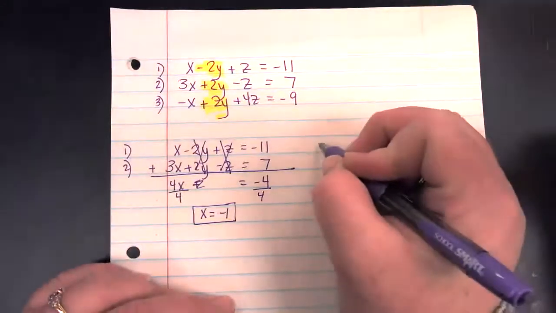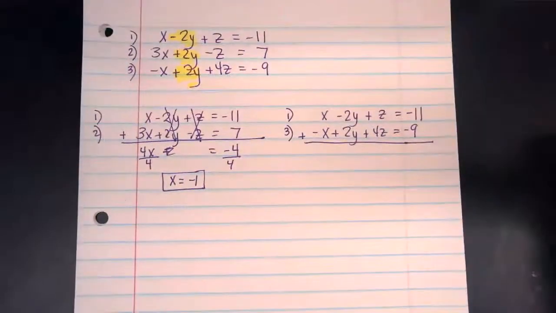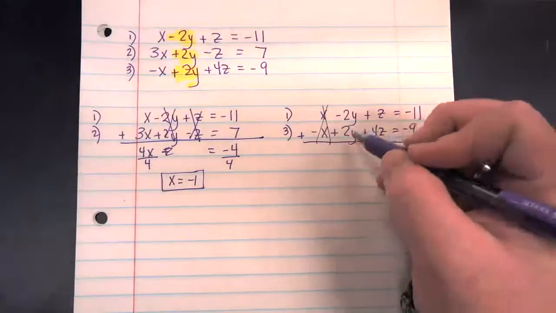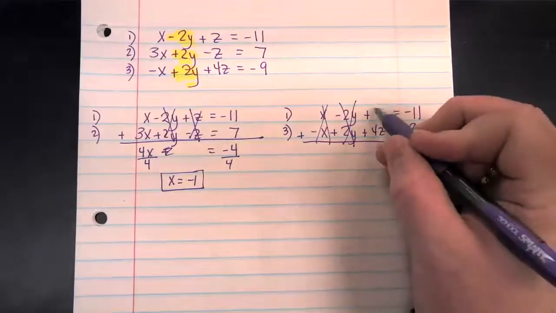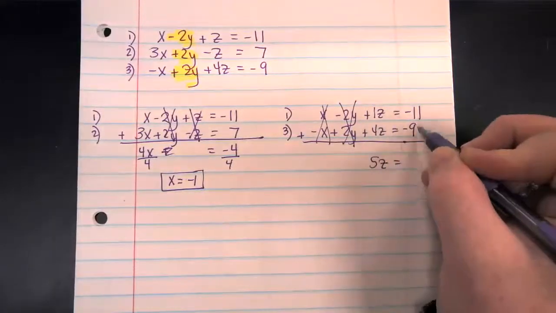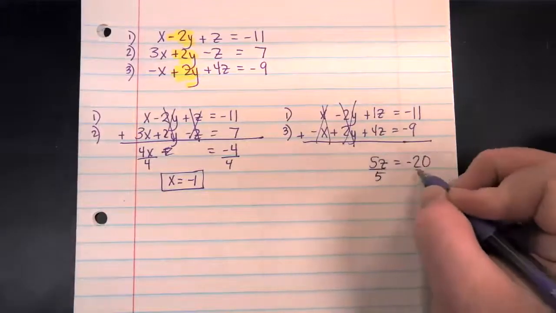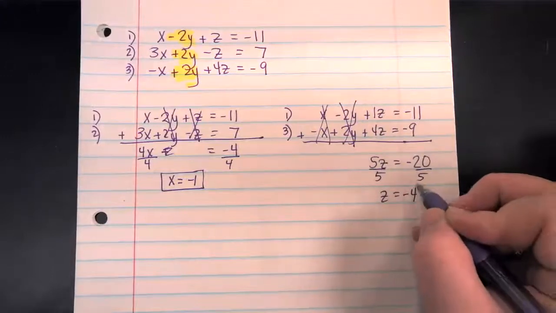So in this case, I took 1 and 3 together. Oh, wow, look at that. Again, sweet. So I'm just left with 5z equal to negative 20, divide by 5. Sweet. Z is a negative 4.